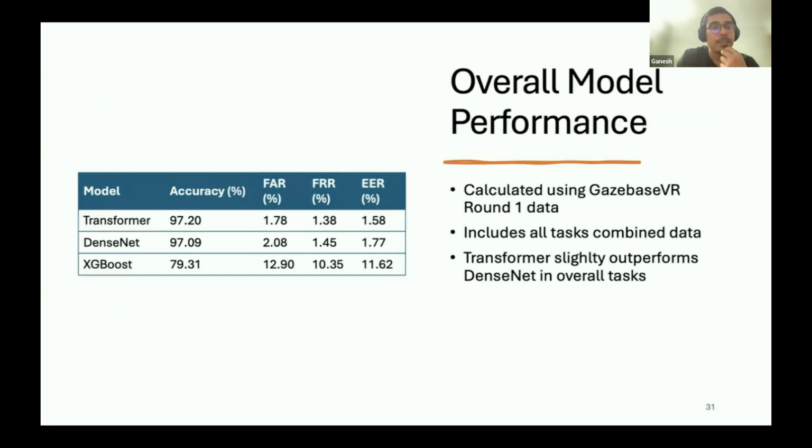You might think that this is a small difference, but in authentication standards, even a 0.5 increase in accuracy is very good. We have to reach 99%. I hope in future this reaches 99.9% so that it can be deployed in real world scenarios.